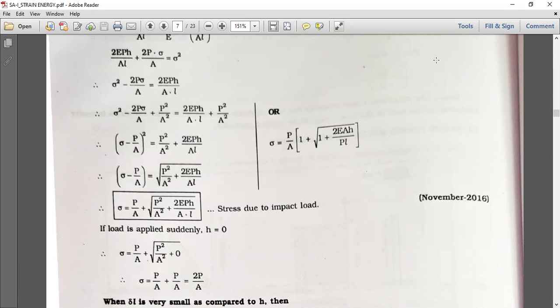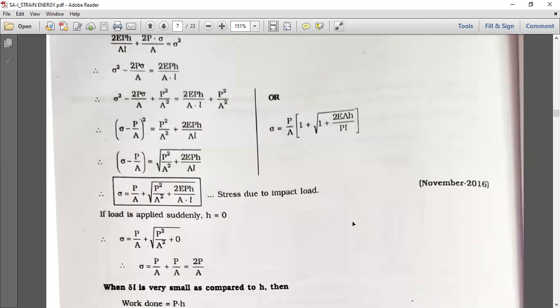We can also write another equation: P by A in bracket 1 plus under root of 1 plus 2EAH upon P into L. The difference between the two equations is that the common terms are taken out and the rest are put in a bracket, while in the other equation everything is separated.